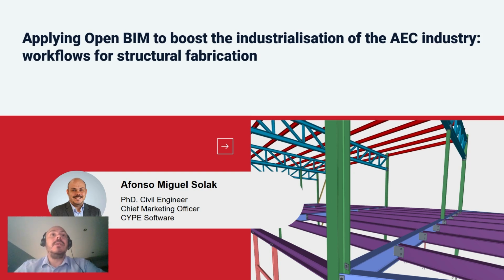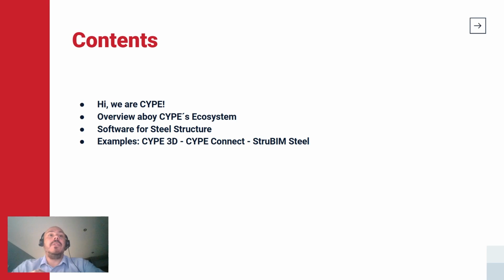The idea of today is to present a little bit our company. If it's your first time here in our seminars, we are Cype. Cype is a Spanish company that develops software for architects, civil engineers, structural engineers, electrical engineers, mechanical engineers. So we have software for all the disciplines related to the design of a building.